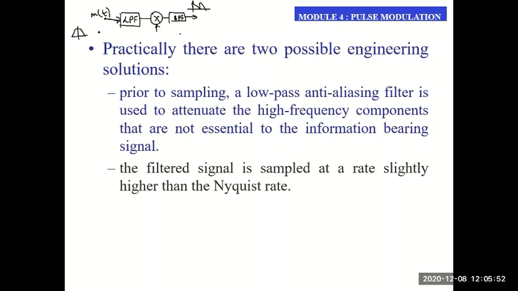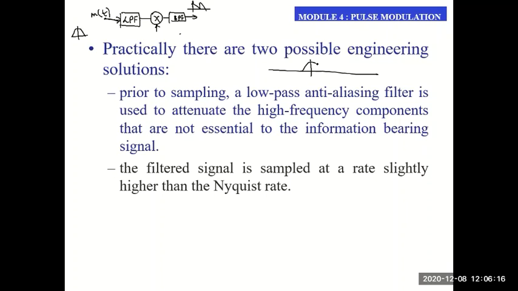Leave out any high frequency components in the message. It is also called an anti-aliasing filter. So if I pass the message itself through a low pass filter, that is mainly used to strictly band limit, and it is called an anti-aliasing filter. It will help us overcome this aliasing effect.